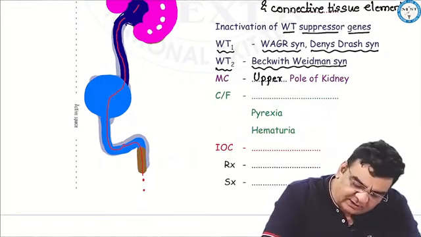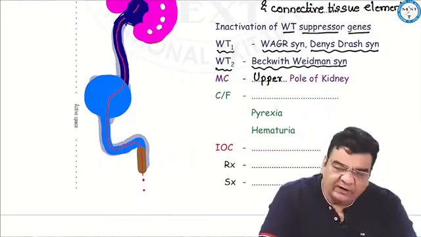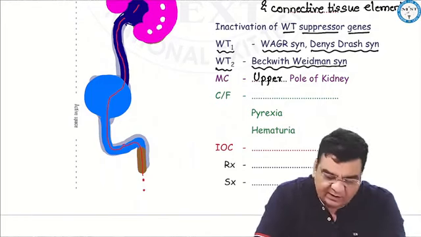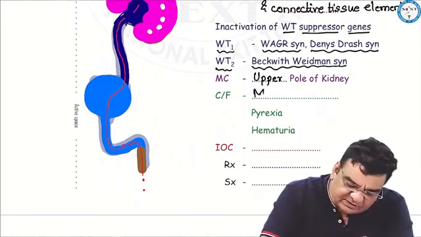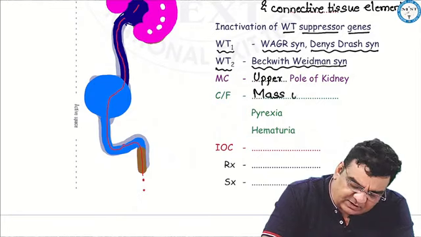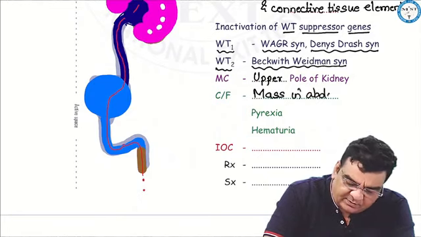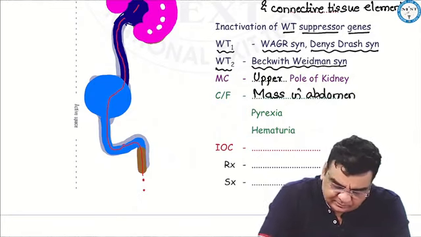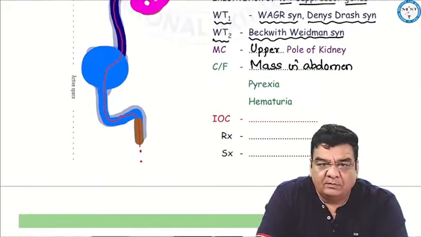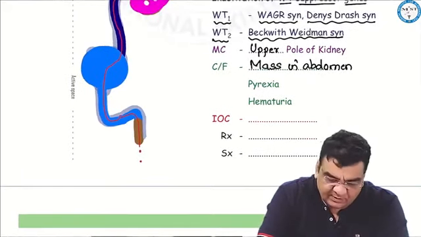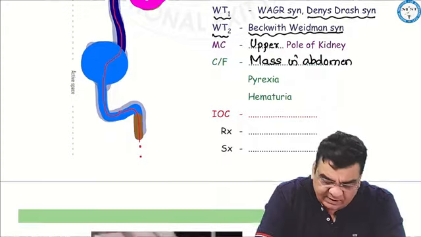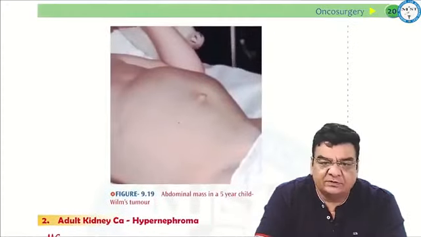And most commonly, small babies, if there is a mass which is growing in the kidney, these babies present with a mass in the abdomen. Sometimes there can be pyrexia and hematuria. This is the Wilms tumor, baby beta. If there is a tumor developing in the kidney here, this tumor presents as a mass in the abdomen.